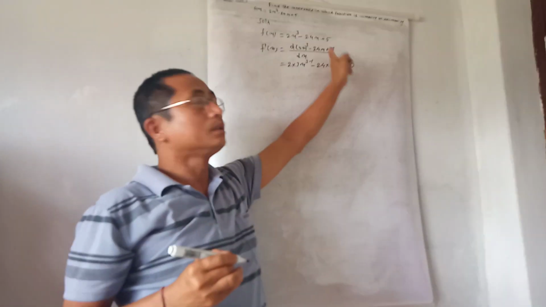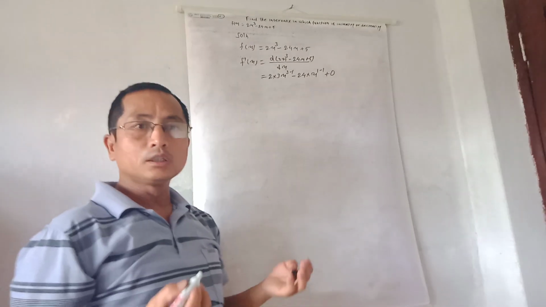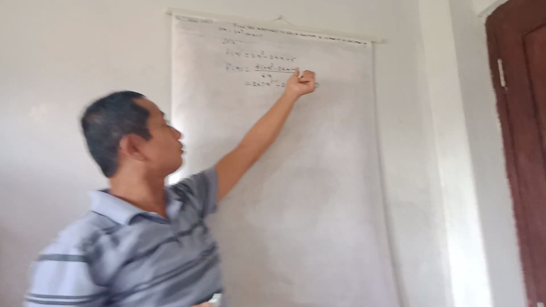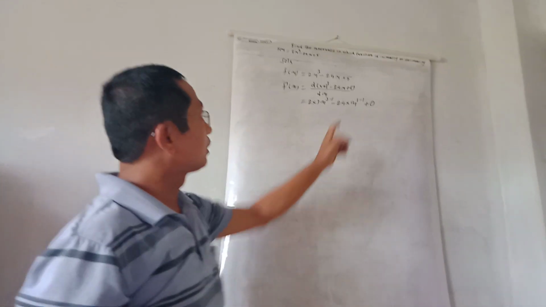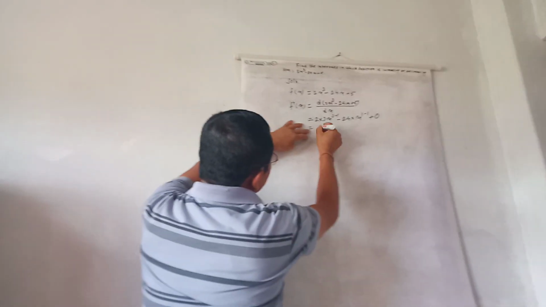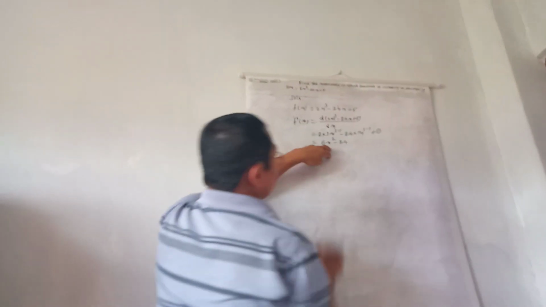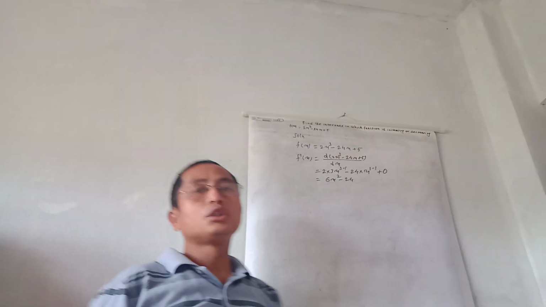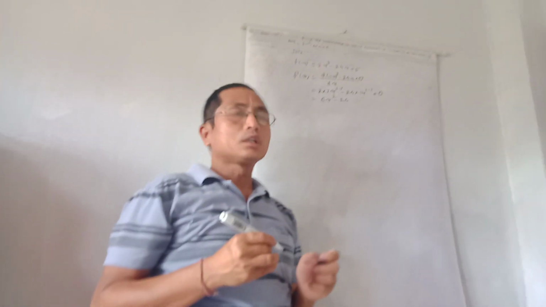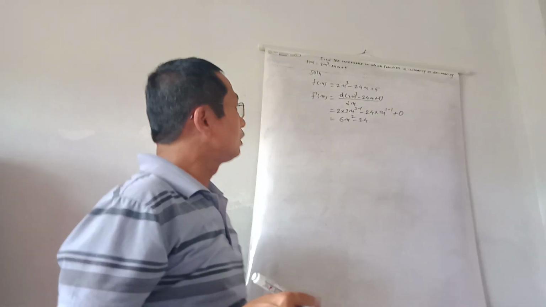The derivative of 5 is 0, because the derivative of any constant number, either 5 or 10 or 100 or 1000, is 0. So f'(x) equals 6x squared minus 24 x power 0. 1 minus 1 means 0, and x power 0 is equal to 1, so 1 into 24 means 24.